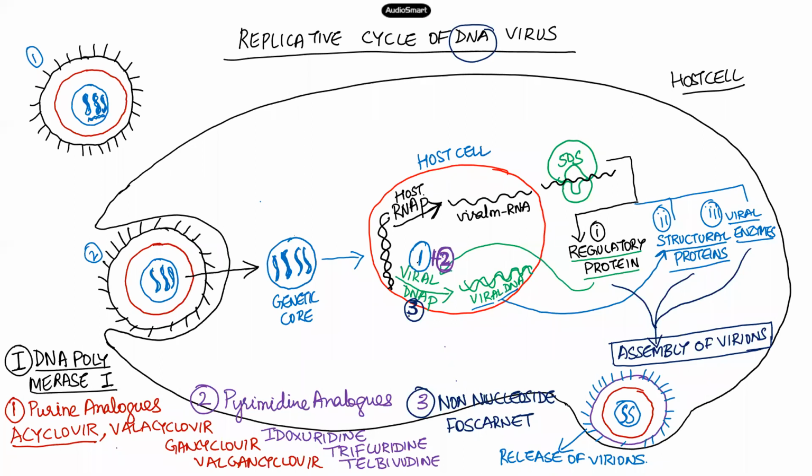They act mostly at the level of the viral DNA polymerase. So we have drugs under DNA polymerase inhibitors, of 3 types: purine analogs, pyrimidine analogs, and non-nucleoside drugs, which include one drug, and that is foscarnet.